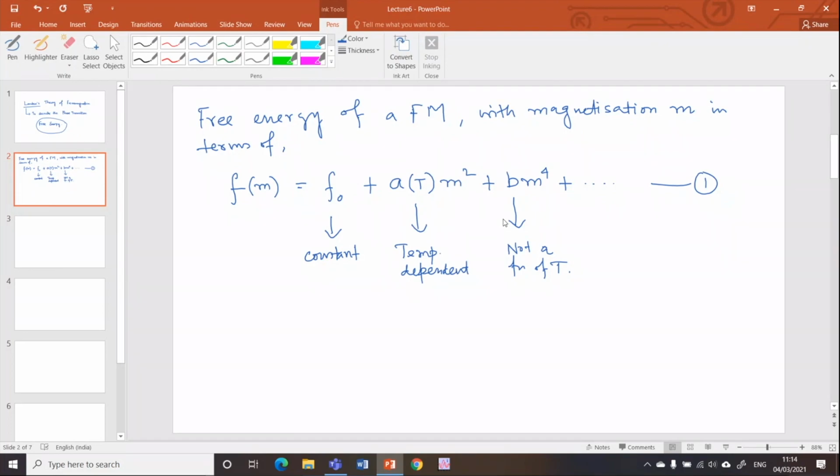No, that is something which we will solve to find out. Okay, so let's say why no M cube term? No one? Anyone has any answer? Okay.